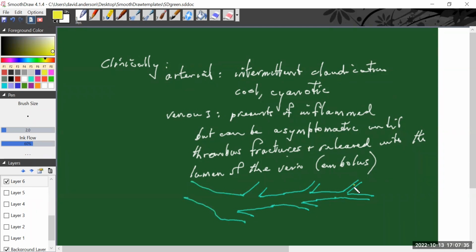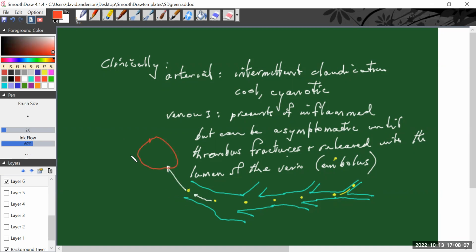So if it was blocked in this small vein but breaks away, now the embolus is able to float into progressively larger spaces along with the direction of flow until it goes all the way back to where? Where is it heading? To the heart.